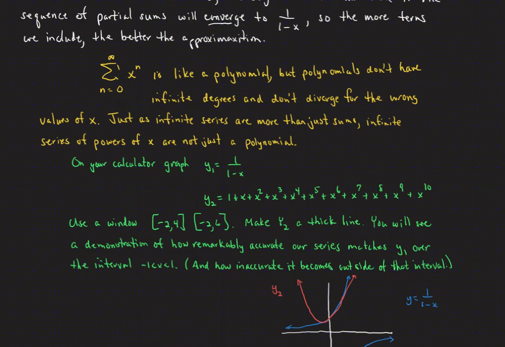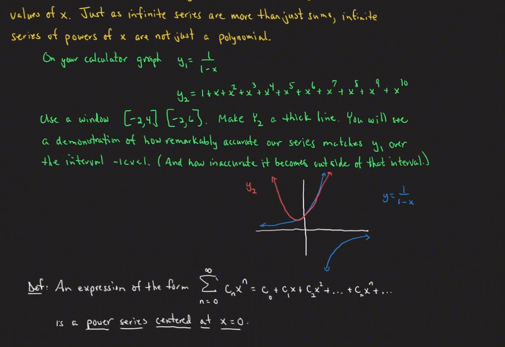I really encourage you to do this. On your calculator, put in y1 equals 1 over 1 minus x. For y2, let's write out our infinite series just for the first 10 terms, or 11 terms I guess. So you're just going to put in for y2, 1 plus x plus x squared, all the way out to x to the 10th. It's a little bit tedious, but try it.